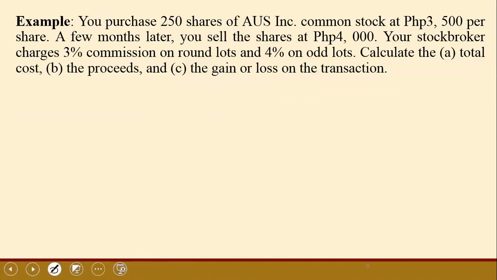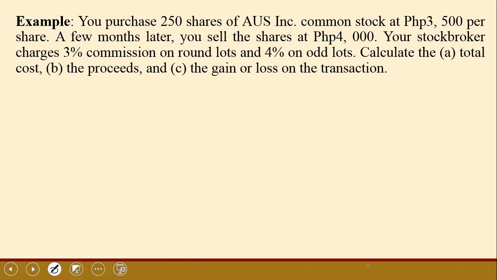Okay, example. You purchase 250 shares of AOS Incorporated common stock at 3,500 pesos per share. A few months later, you sell the shares at 4,000 pesos. Your stockbroker charges 3% commission on round lots and 4% on odd lots.